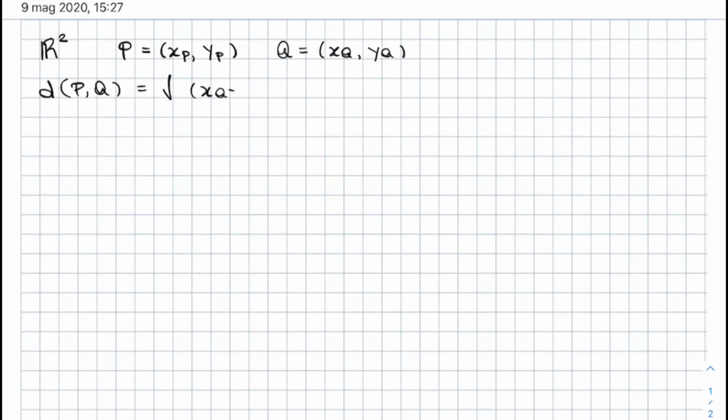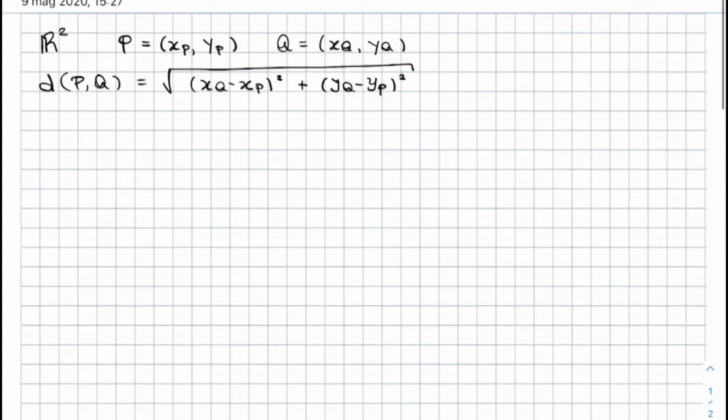In the first lecture we considered the plane, which is R2 with points P of coordinates xp, yp, and we defined the distance on the plane between such a point P and a point Q of coordinates xq, yq as the square root of (xq minus xp) squared plus (yq minus yp) squared.